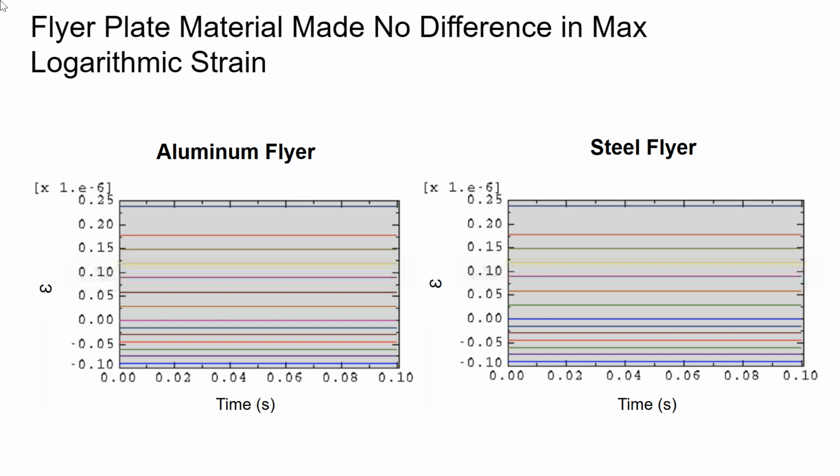So when the flyer plate hit it at the 1.5 kilometers per second, this is showing proof that the target had no movement, so it was still during that impact, which is making the max strain constant.